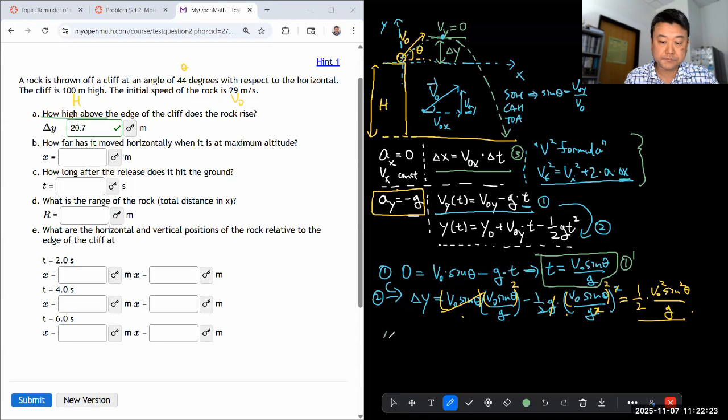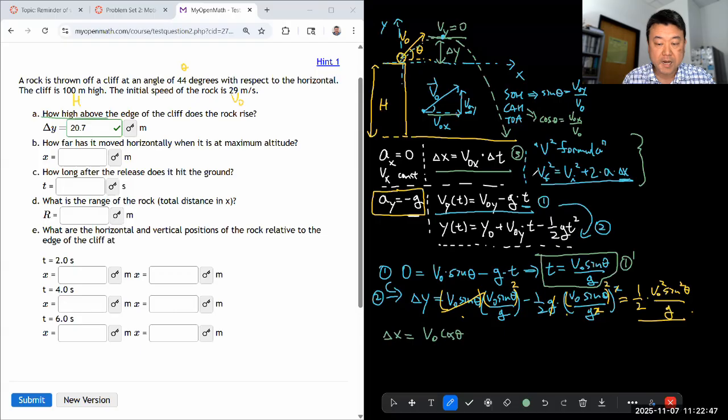So delta x is equal to the v naught x. From here, this is the adjacent side. So cosine theta is adjacent, v naught x over v naught. I can solve this for v naught x. That's gonna give me v naught cosine theta.